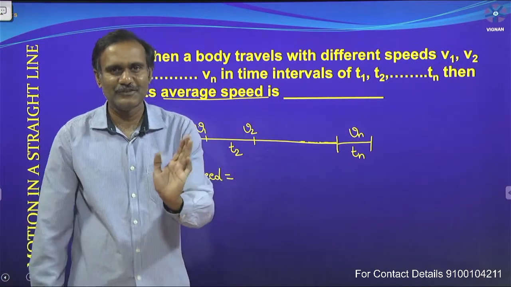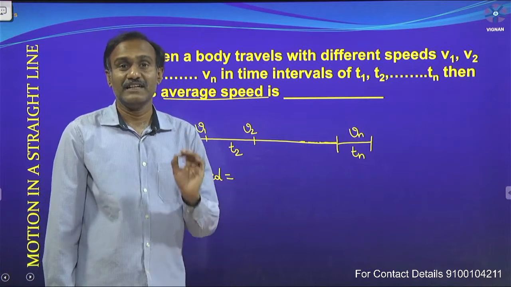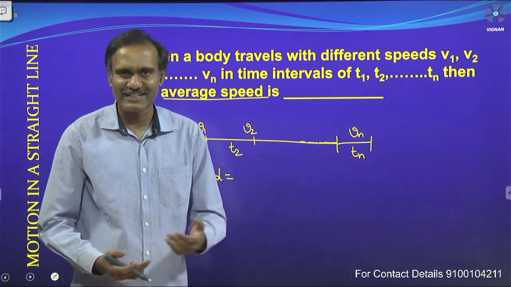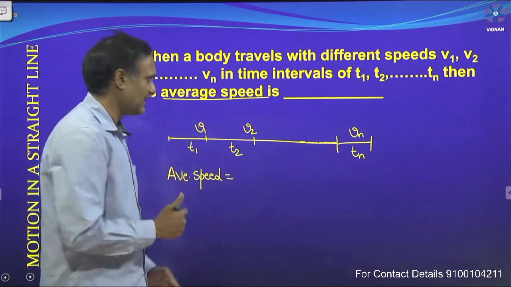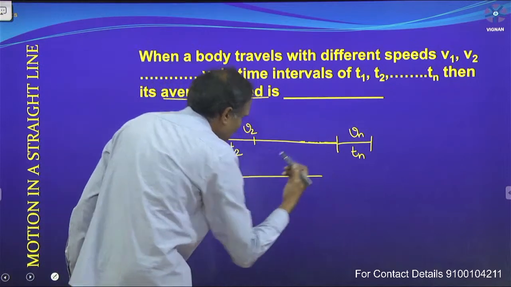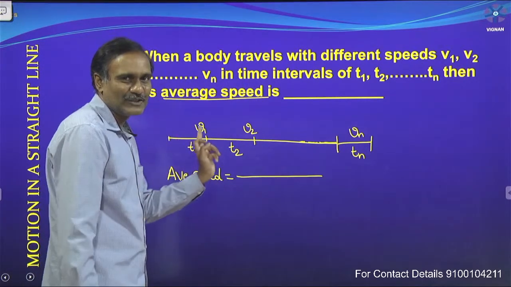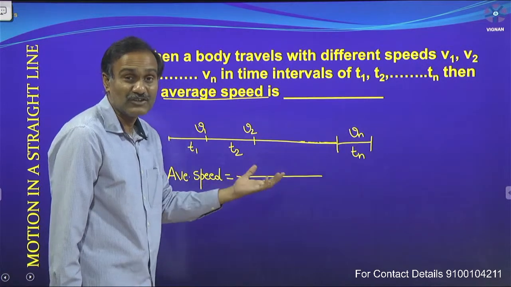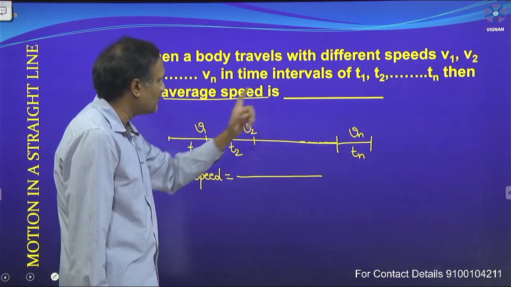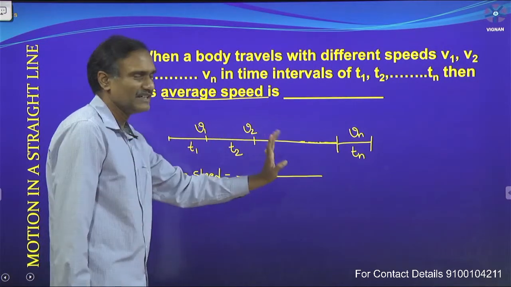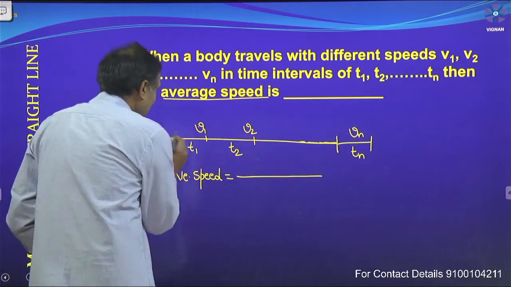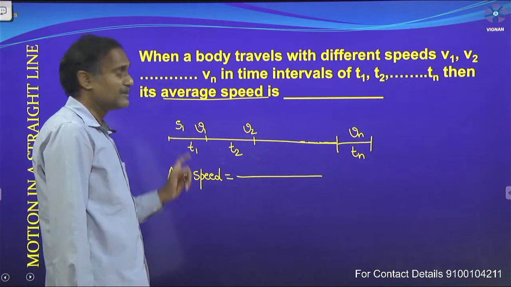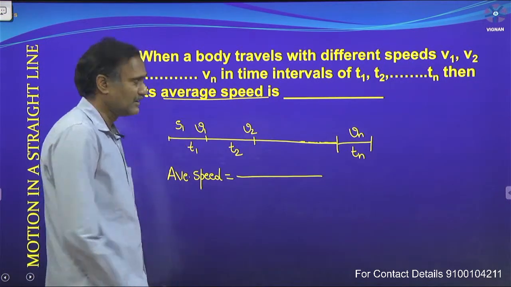Yes, total length of the path travelled by the particle divided by total time taken, or total distance travelled by the particle divided by total time taken. Now, here the total length of the path travelled by the particle was not given. In the problem they are given speeds and time intervals. In the time interval t1, I am assuming that the distance travelled by the particle is s1.